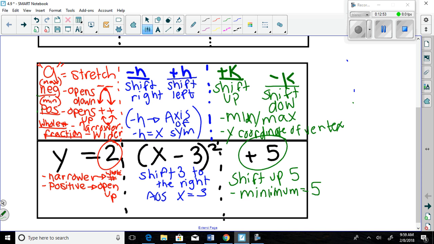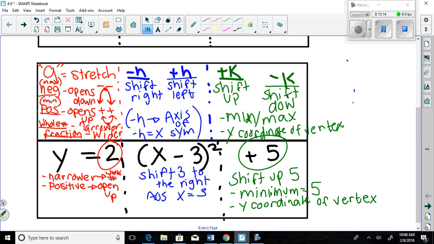That means the smallest my y will be is 5. And it's also your y coordinate. Does this make sense so far? Okay, cool.